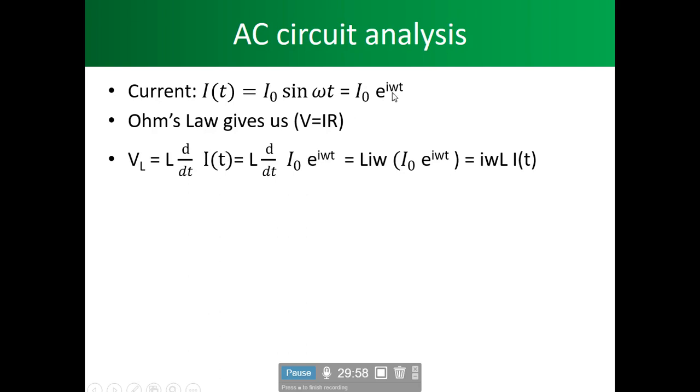I is a function of time. So I naught stays the same, it doesn't change at all. What is the derivative of e to the j omega t?